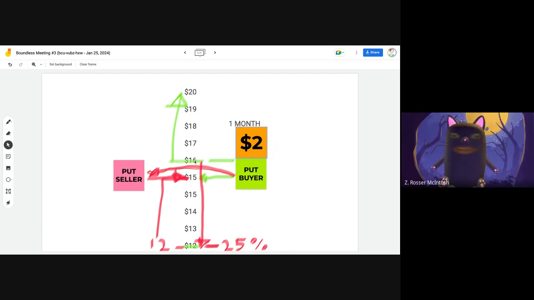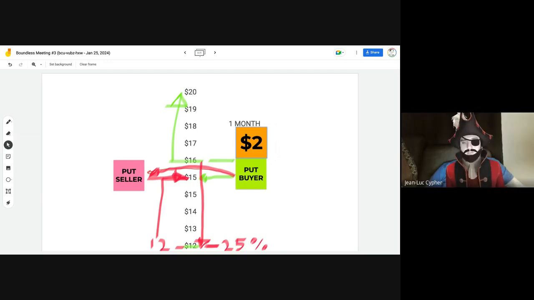So if it goes down by $4, it's limiting my risk. It's basically making it so that no matter what happens, the stock could go to 0, and the most I'd be down on this transaction is $3 per share. Does that make sense? You won't be losing the whole value of the stock, but you will be losing something.